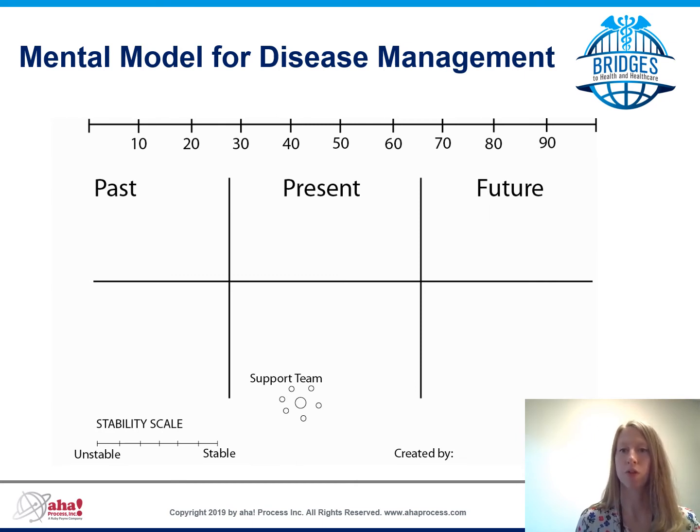The space below the future is for the concrete plan and the steps that the partners will create, partners being the professional, caregiver, and the patient. And the circles beneath the support team provide a place to brainstorm which family members, friends, and/or professionals in their lives can support the patient in achieving their wellness goals. We'll show you on the next slide an example of how this mental model might be used.